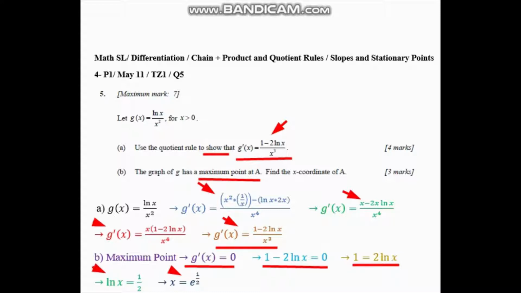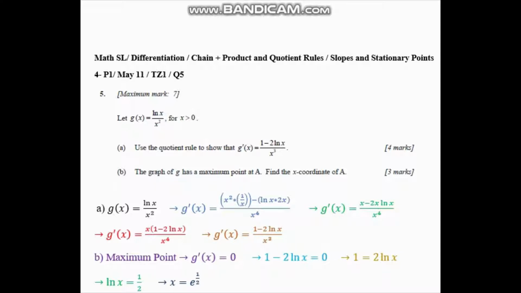So if I don't successfully use the quotient rule to obtain the required expression, I can just use the answer they gave me to solve question B and therefore receive 3 marks out of the 7 in the question. Just because you couldn't do A does not mean you should not attempt B. So take a minute to copy this down if you will.